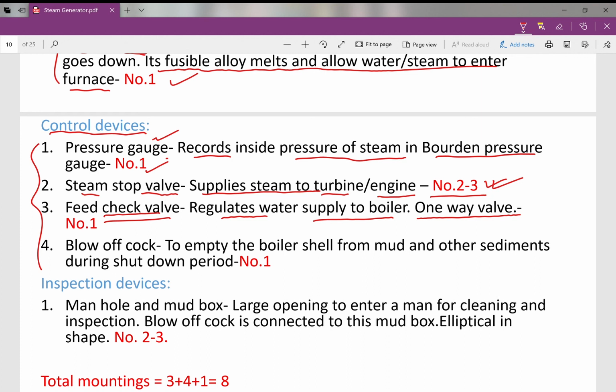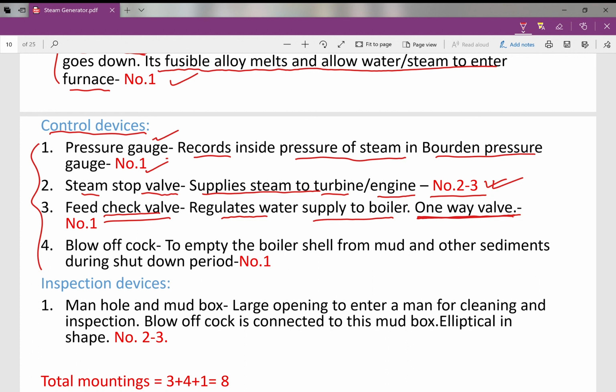It means whatever energy you have spent in supplying water from outside to inside, that water should not go out, and hence this is a one way valve. So the feed check valve is a one way valve through which water is supplied from outside to inside the boiler. I will show the location of all these on the diagram.